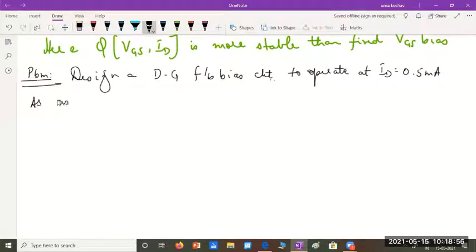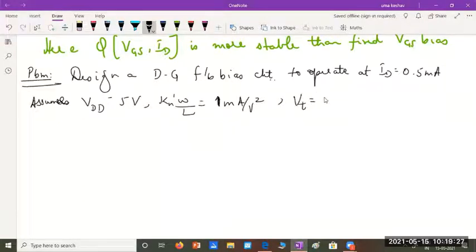As usual, assume VDD as 5 volts, Kn dash W by L as 1 milliampere per volt square. Remember, this is a transconductance factor, so it will be in the range of ampere per volt square. We have Vt as 1 volt and lambda is 0, or no channel length modulation.